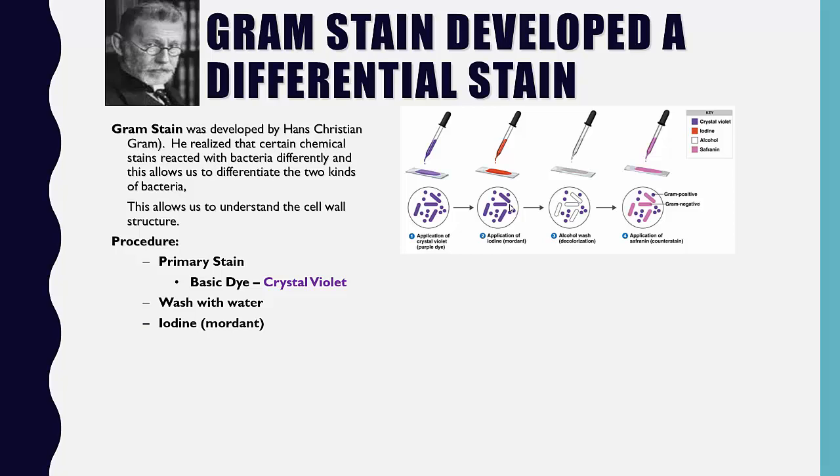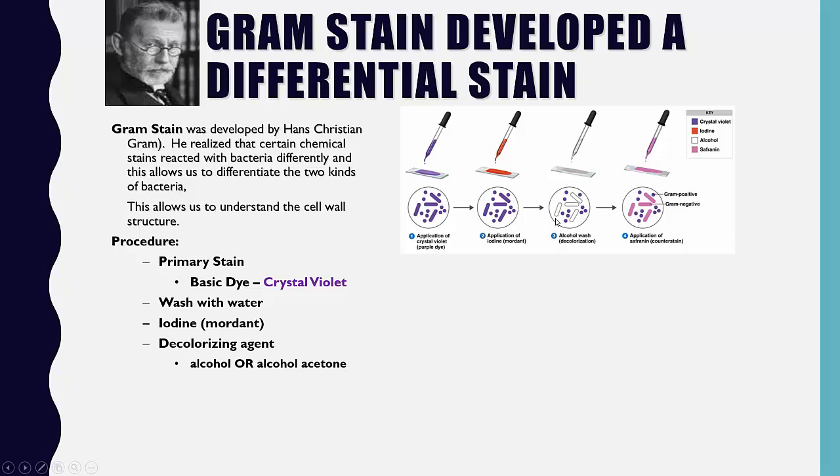If there's a lot of cell wall material, the crystals get in there and they're going to get stuck. Even if you add the next step chemical, which is the decolorizer, an alcohol and sometimes acetone. But when you add the decolorizer, if there's not a lot of crystal violet attached to a lot of cell wall, the bacterial cells will just turn clear.